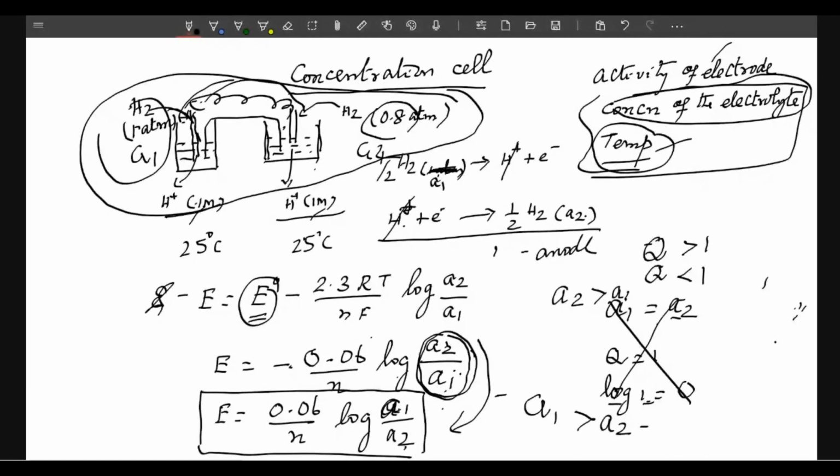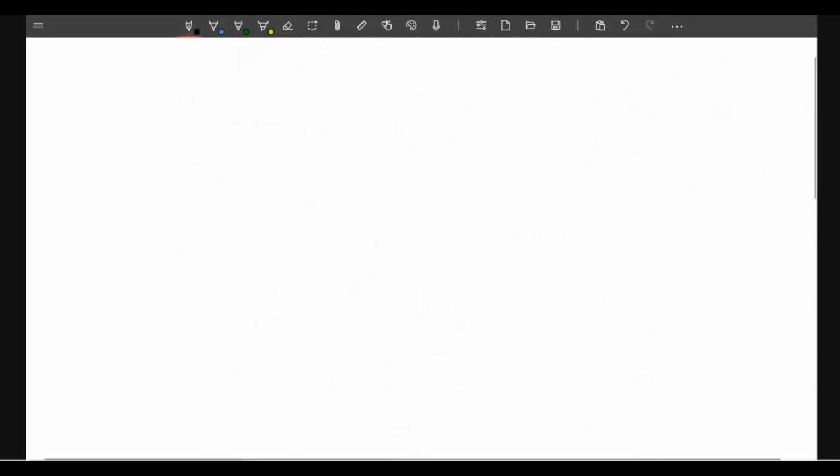Concentration cells are of two types. One, what we have seen, is called the electrode concentration cell, where the activities of the electrodes are different.